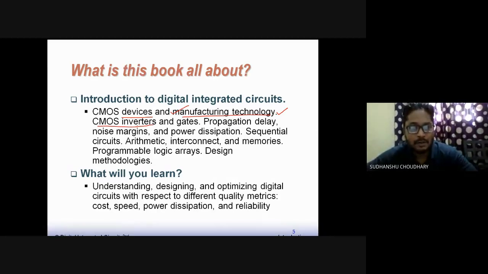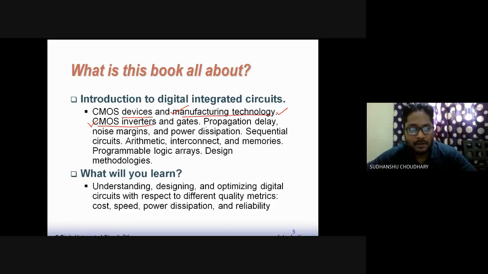So you have to learn at least all sorts of analysis that could be performed on one simple gate, and then you can transfer the same knowledge or same analysis to the other gates. Other gates can also be analyzed in a similar way. That is why the CMOS inverter and the analysis that we will perform on it are important.